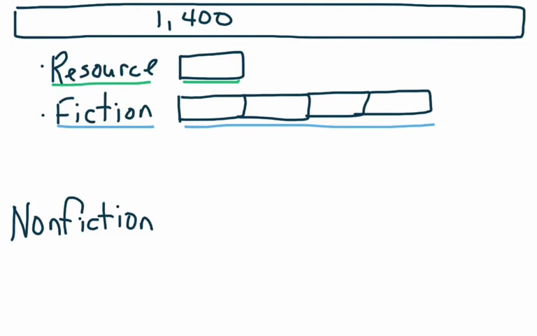Okay, so using just that information, what variable should we use throughout the problem? I think a good one would be to represent the resource books, because there are not as many of those as there are the other books.